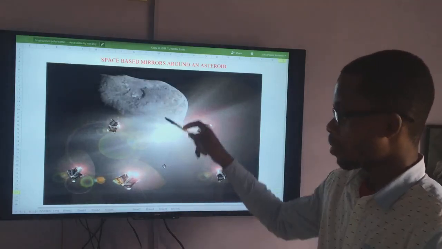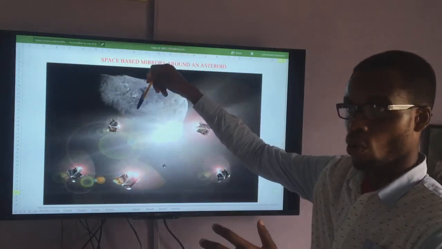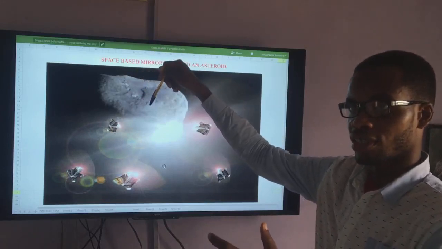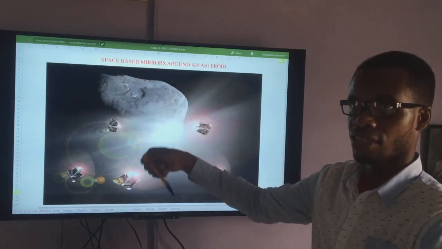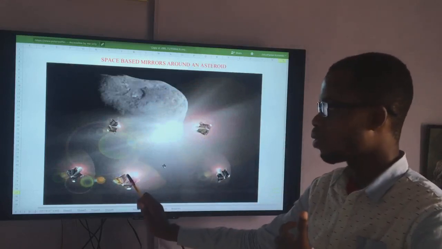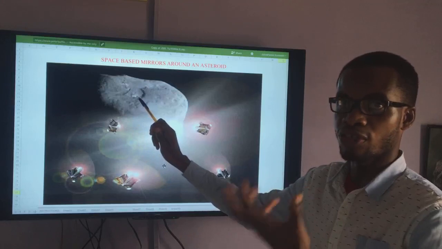In the night, when it becomes very cold, there is water content in it, and then when the sun throws its light on it and there is heat, it will begin to evaporate. So we need more light on the surface of an asteroid to cause it to deform.